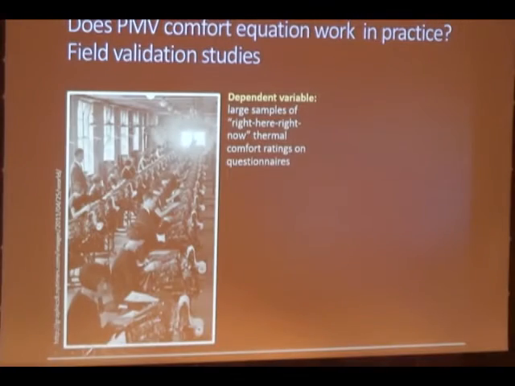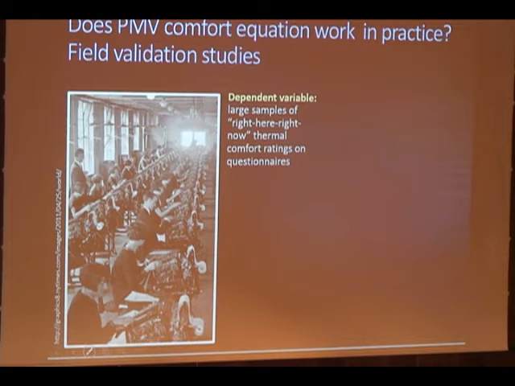So, does it work? Does the comfort equation, does the PMV index, and does the PPD index actually work in practice? So, this is the work of thermal comfort field studies. In the classic thermal comfort field study, we go into a building, a real building with real occupants. Here's an example of a modern Australian office building, circa 1905.